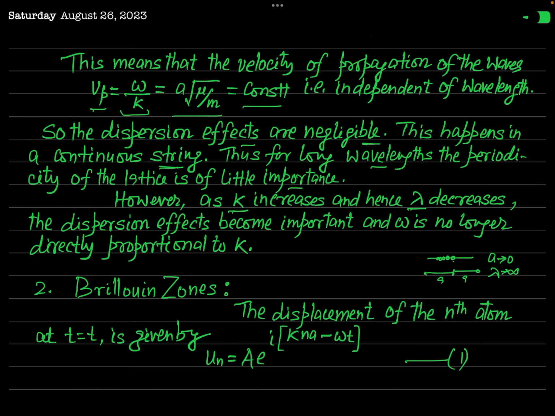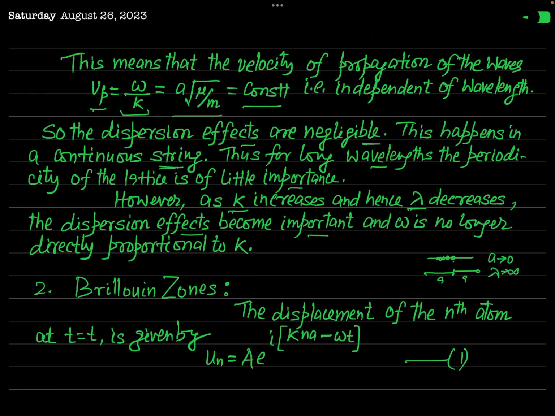In that condition, you cannot neglect the dispersion effect. Then the dispersion effect will be of great importance. So as k increases and hence lambda decreases, dispersion effects become important, and we cannot neglect them.